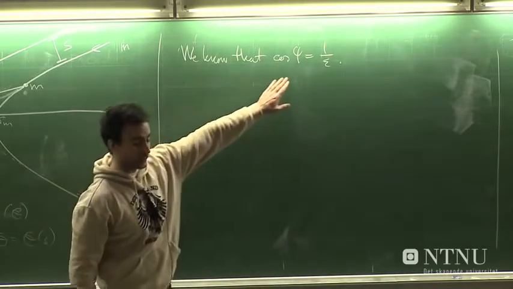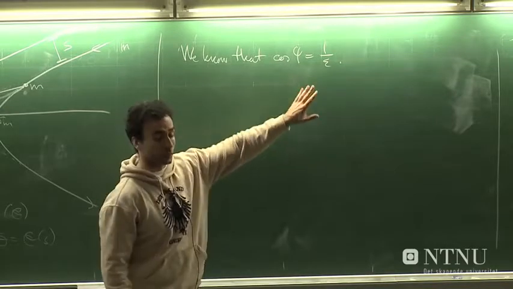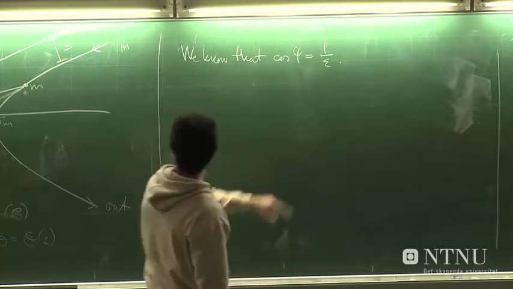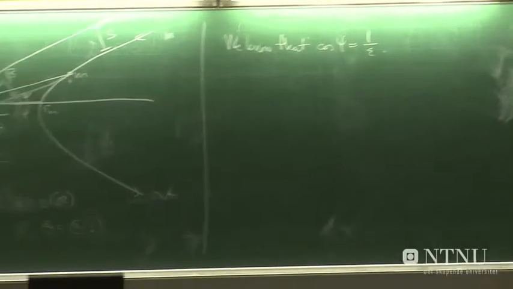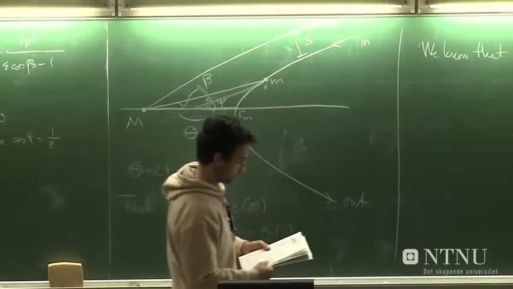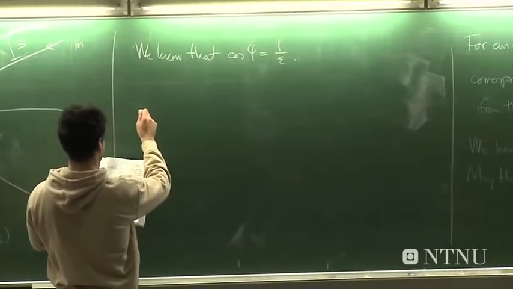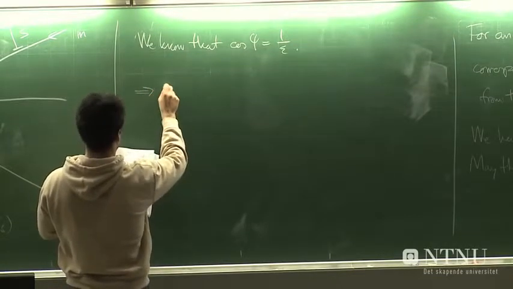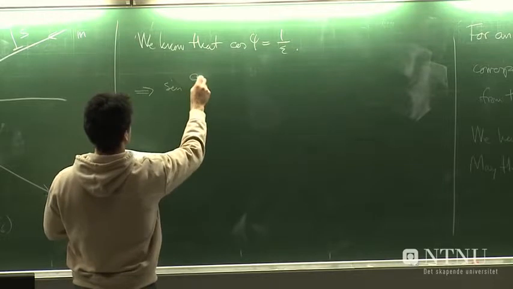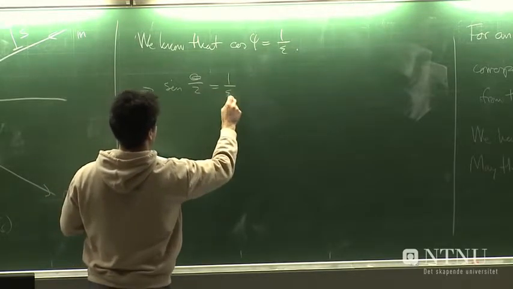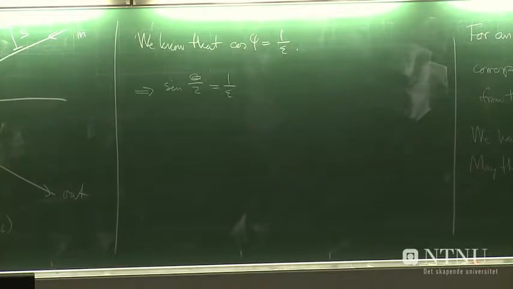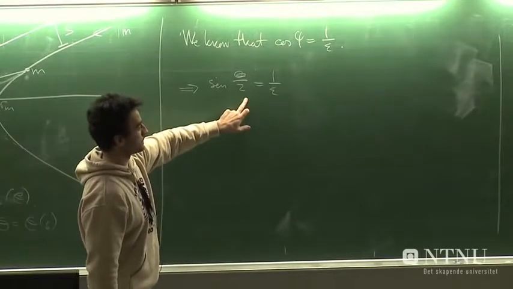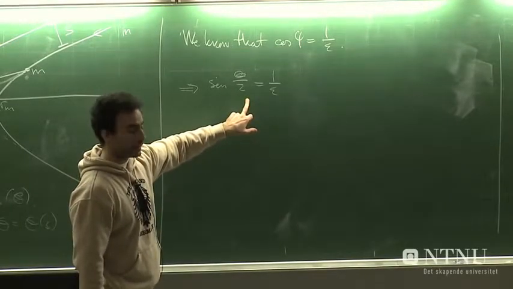Now, from our analysis of the asymptote, we know that cosine of psi is equal to 1 over epsilon. And at the same time, we know that psi is related to theta in the following way. So if we insert psi from this equation into that, we obtain this. So now we're cooking.